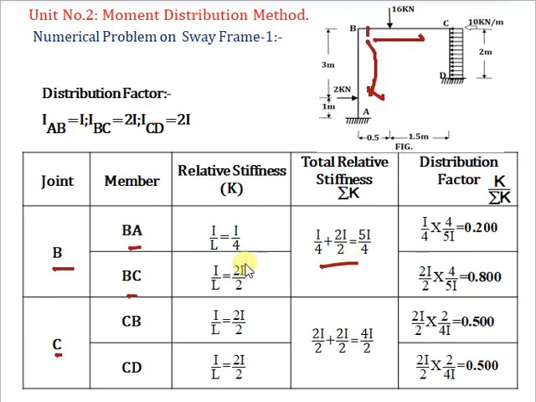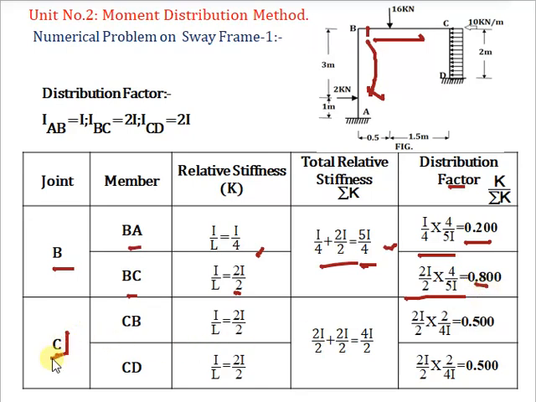So total relative stiffness by addition of relative stiffness of BA and BC is equal to 5I by 4. Distribution factor for each member is relative stiffness divided by total relative stiffness. So I by 4 divided by 5I by 4 becomes 0.2. Distribution factor for BC member is equal to K divided by summation of K. So K is 2I by 2 divided by 5I by 4, which is equal to 0.8.